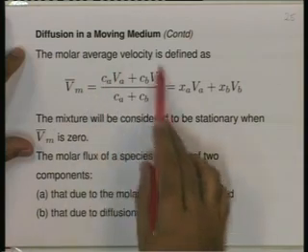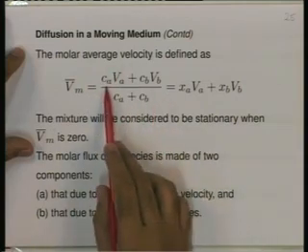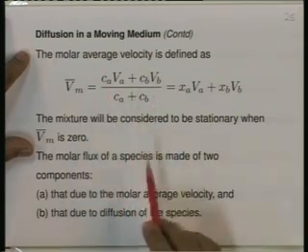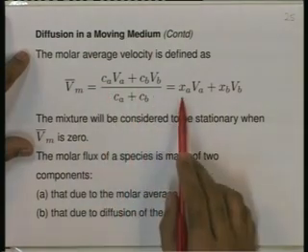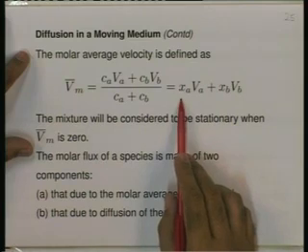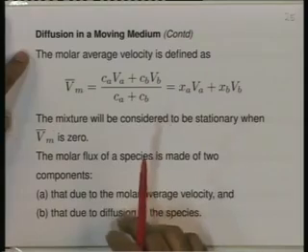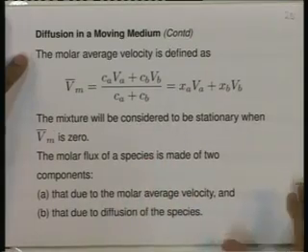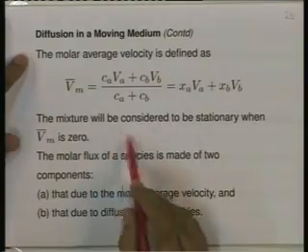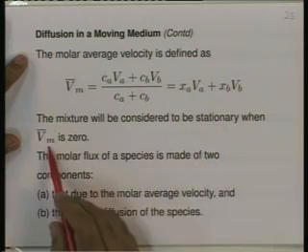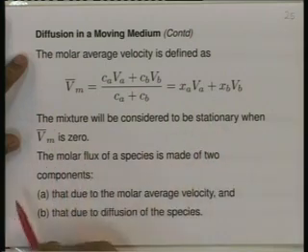It is some sort of a weighted average. The weights are the molar densities of A and B. In terms of mole fraction, this can be written down as Xa Va plus Xb Vb. And we will consider the mixture to be stationary when the molar average velocity is 0.